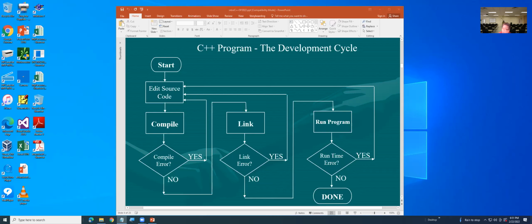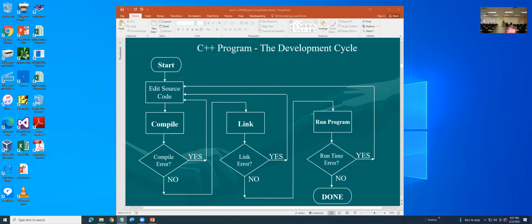Now you want to do A plus B. You're supposed to get the number 8. That's a very simple program. You have variable A equal 3, B equal 5, and A plus B is supposed to be 8.